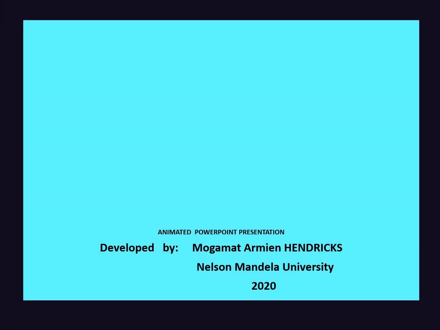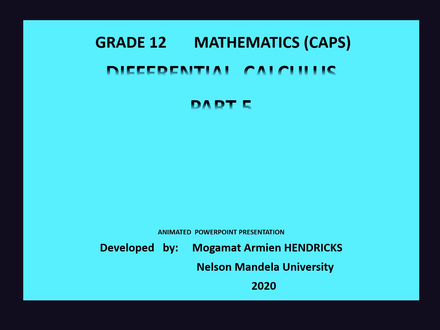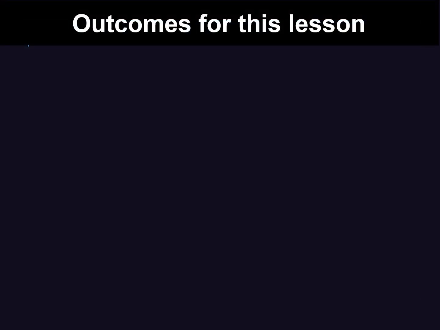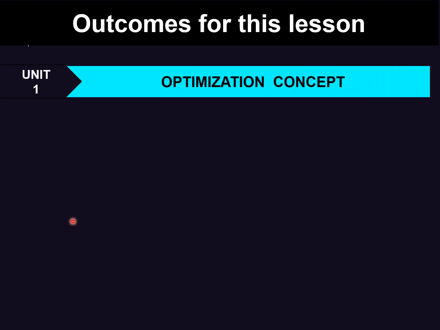In this video lesson, which is the last part of the differential calculus, part 5, we're going to look at optimization and then some real-life optimization applications. Firstly, we're going to look at the concept of optimization.